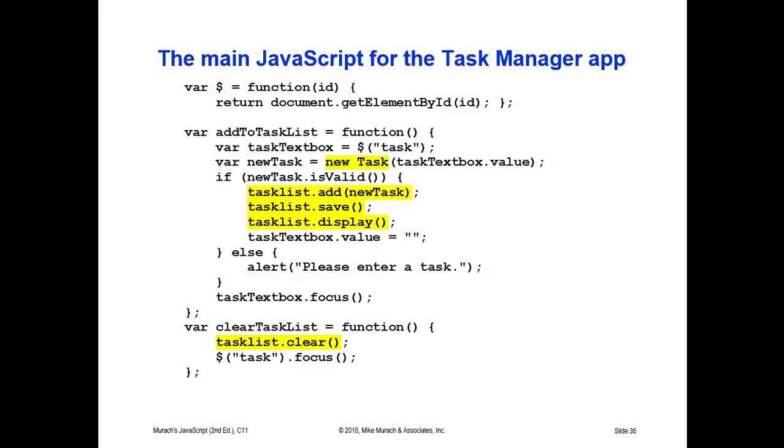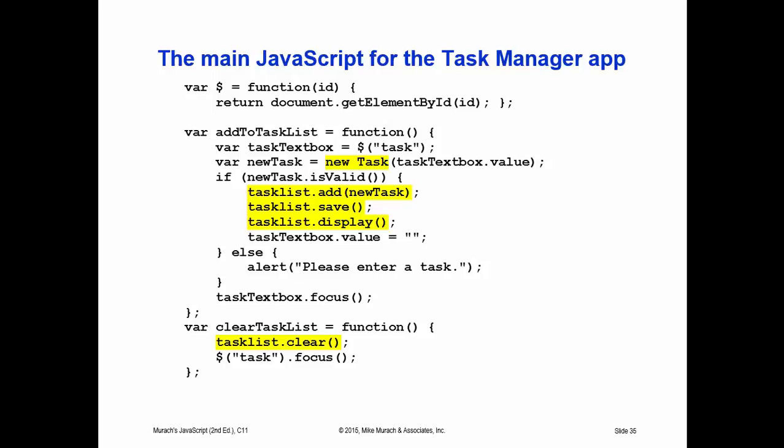So here is the main JavaScript file starting on page 340 and showing it on 341. The JavaScript code for this is going to create 3 different event handlers. All of them are going to call the methods that we just looked at previously. The onload event handler attaches the event handlers.